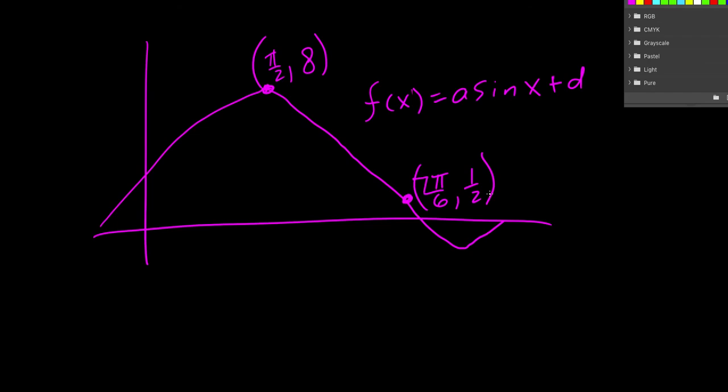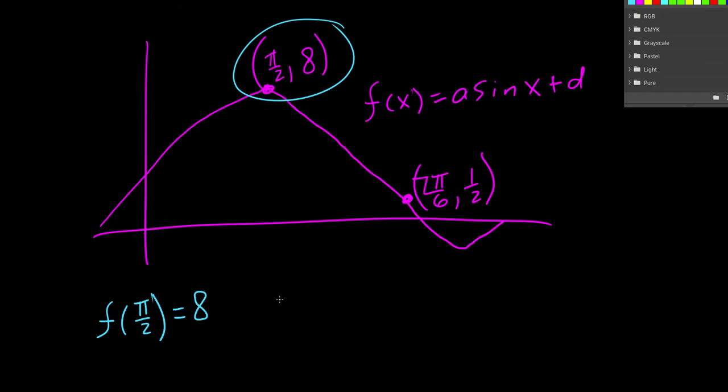So what we're going to do is use this piece of information to find some stuff out. So we're going to say f of pi halves equals 8.